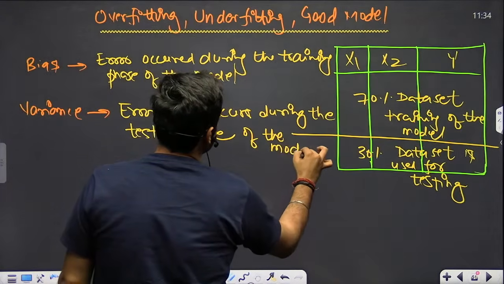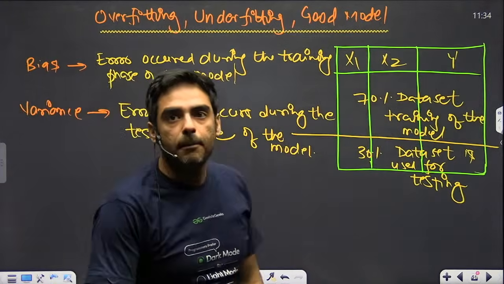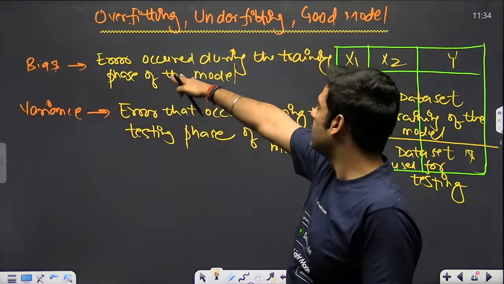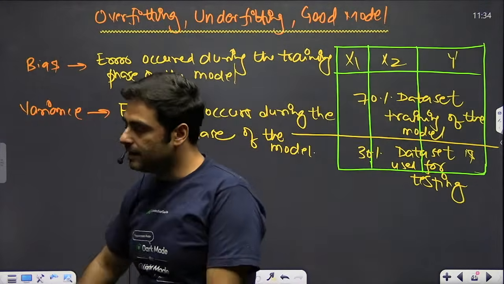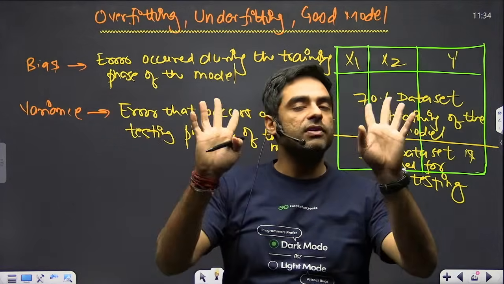So bias means the error that occurs during the training phase, and variance is the error that occurs during the testing phase of the model.